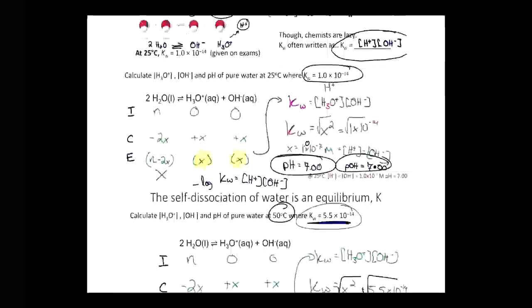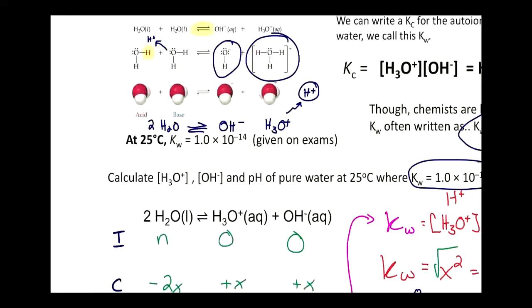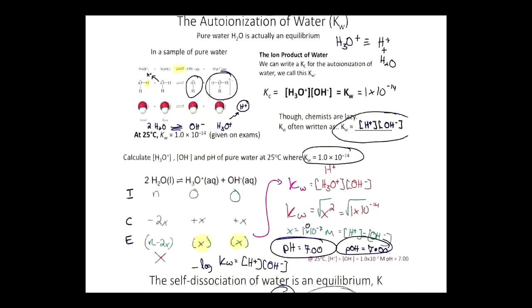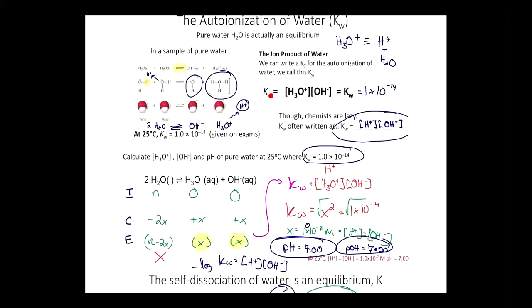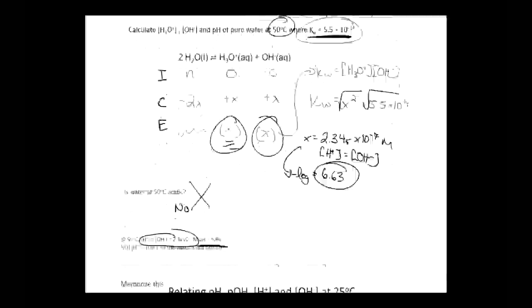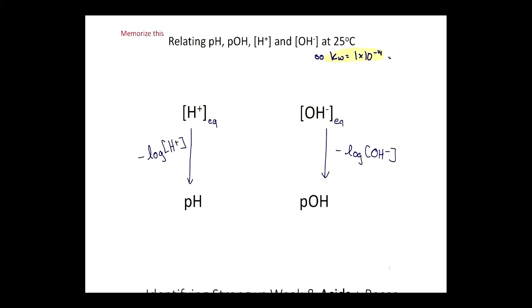Let me just go up real quick. So this is the self-ionization of water. It has its own K value, where a water molecule basically splits up into an H+ and hydroxide. Here is our K expression for the self-ionization or auto-ionization of water. Kw is H+ concentration times hydroxide concentration. That's what I meant by the product of these two numbers.